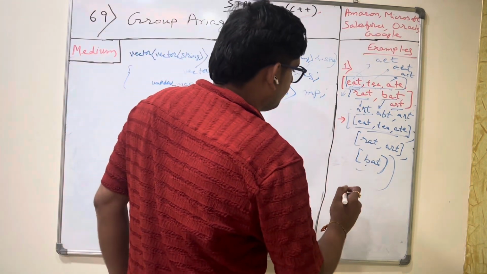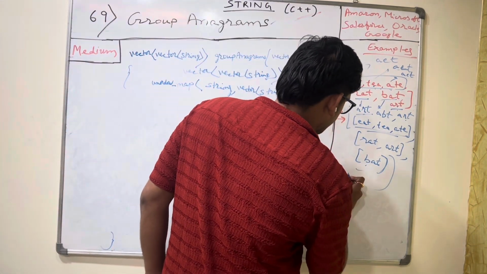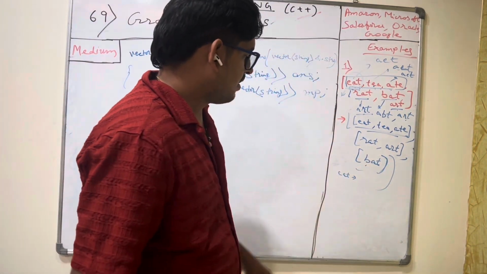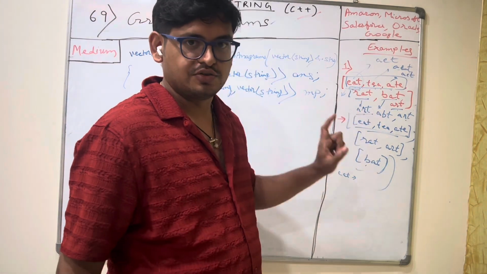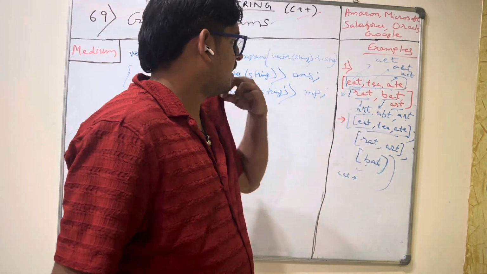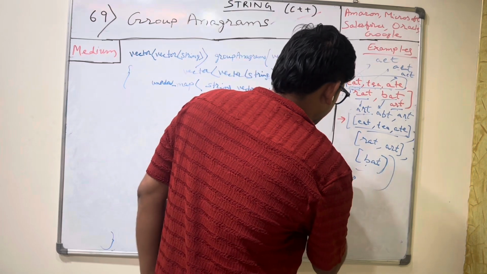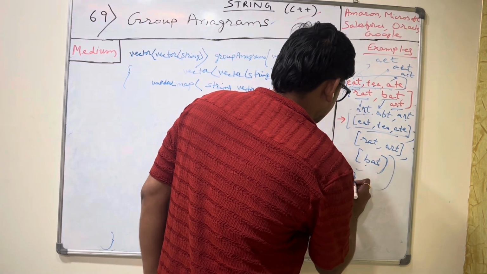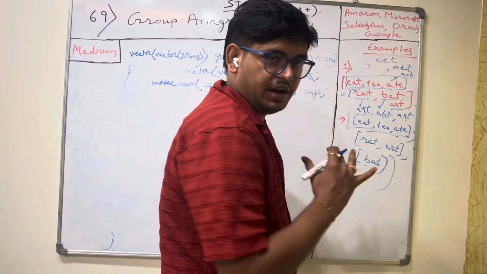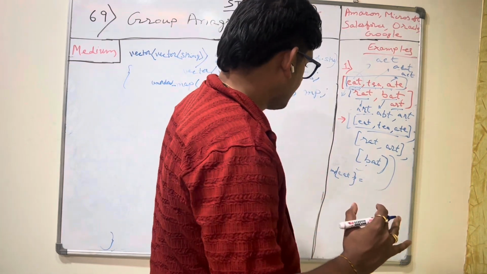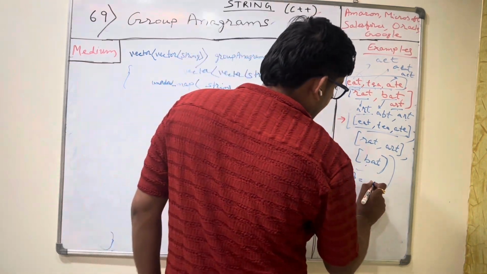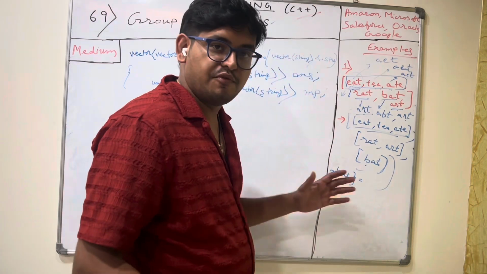Whenever we get EAT, if we sort it and then store it, every time we will be getting the sorting.